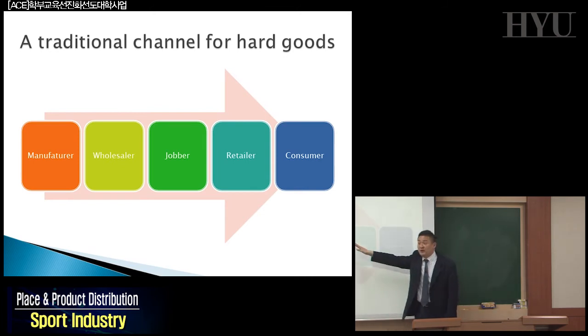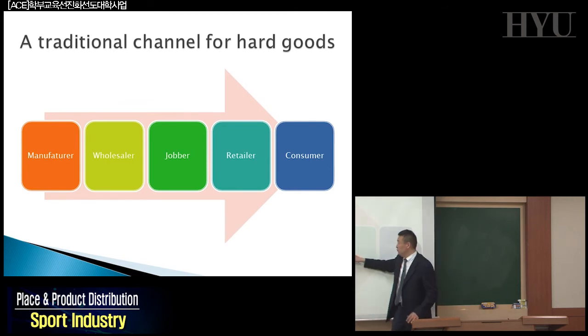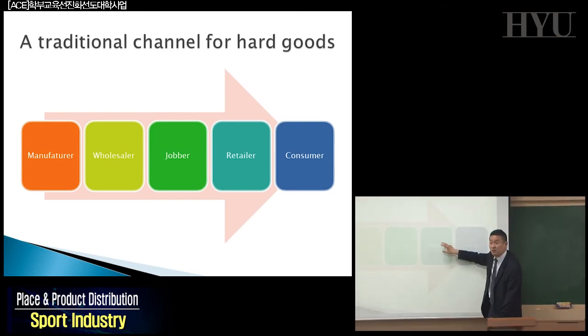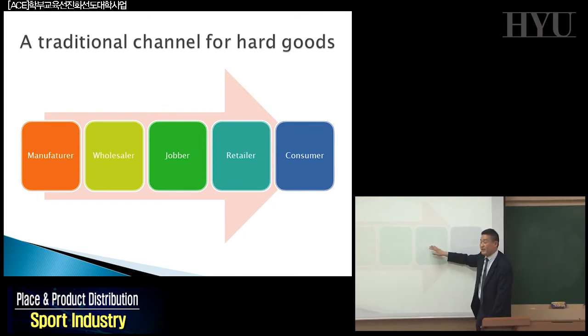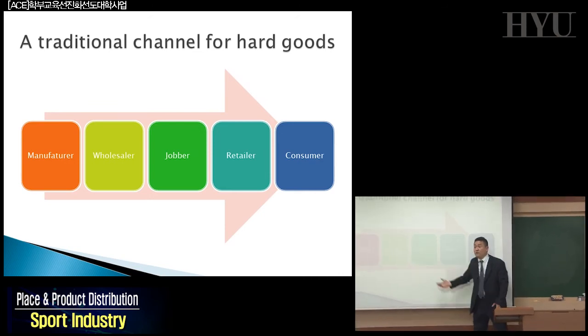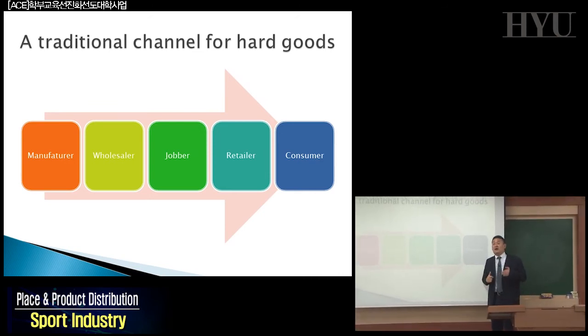You know the manufacturer, right? Manufacture means produce. You know the difference between wholesaler and retailer, right? Between the wholesaler and retailer, there is the jobber, which has a very similar meaning to an agent. The jobber connects the wholesaling and retailing processes, right? The final step will be the consumer.